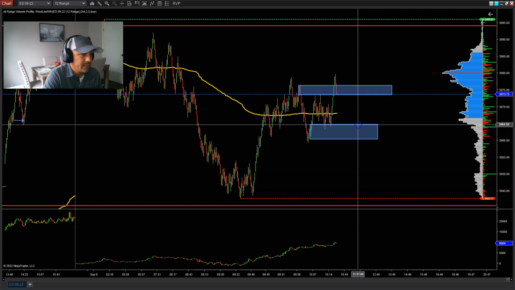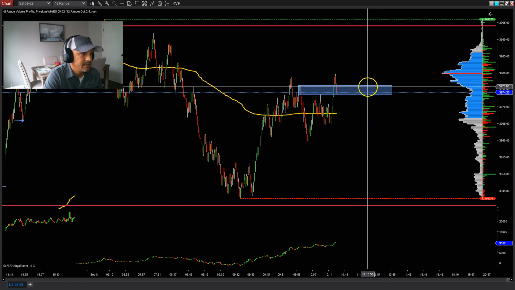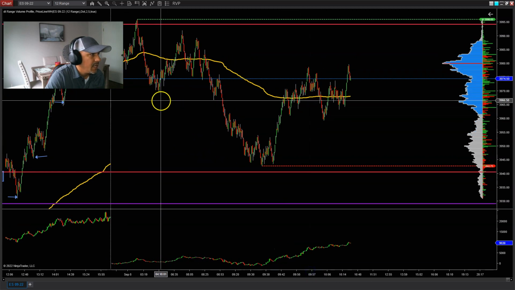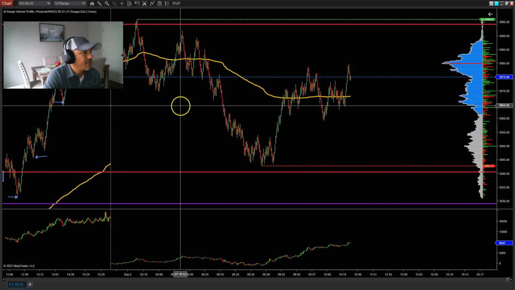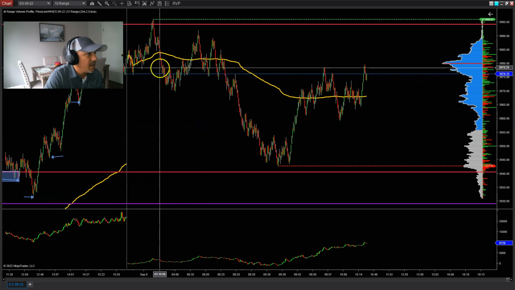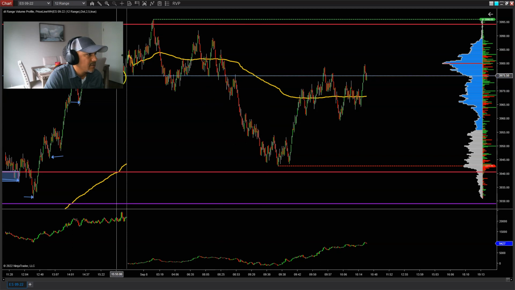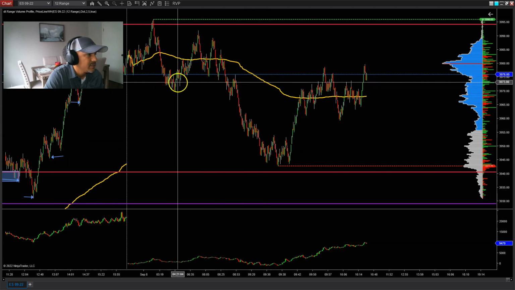Let me delete this. Why is it not deleting? Okay, now one thing you always want to be mindful of too, for instance, when price has made this high here and starts breaking structure back down to the downside, and starts taking out areas over here, levels.